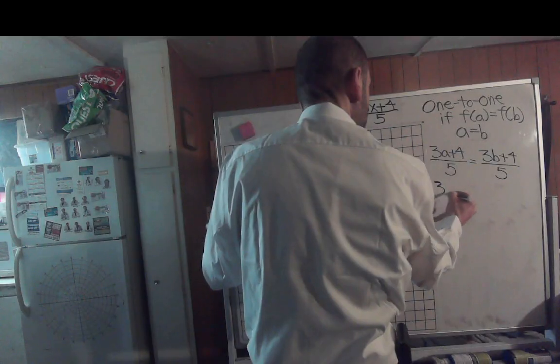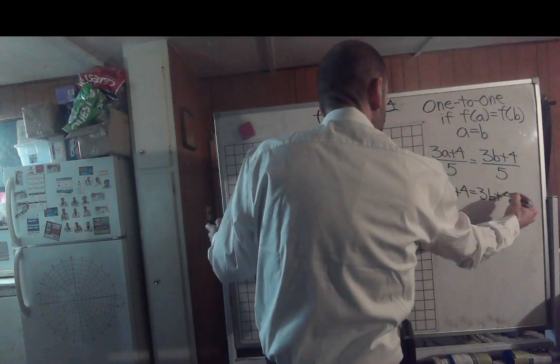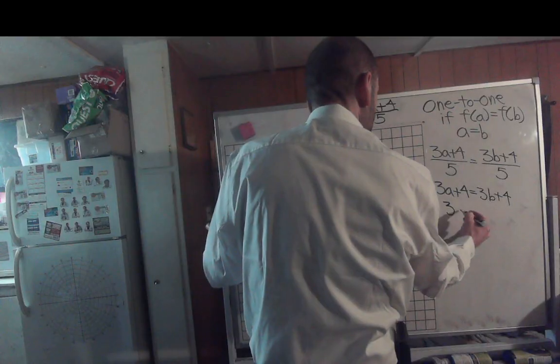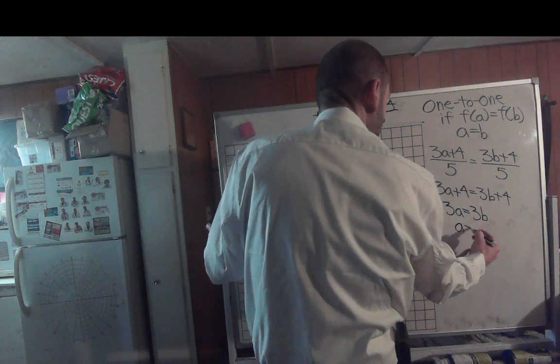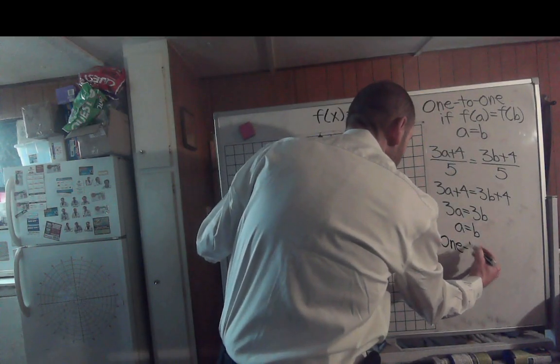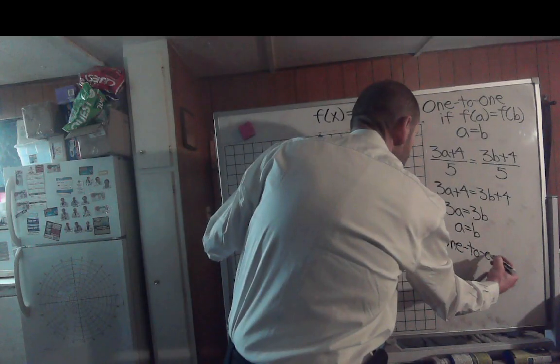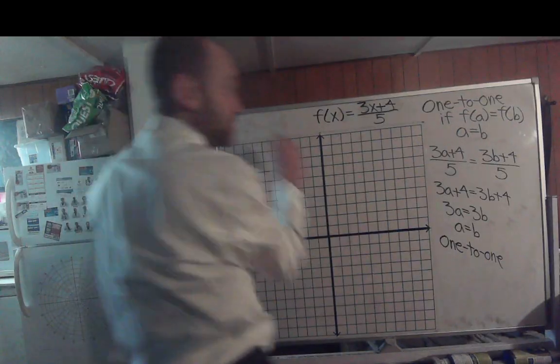Multiply both sides by 5, you get 3a plus 4 equals 3b plus 4. Subtract 4 from both sides, you get 3a equals 3b. And then you get a equals b. Since a equals only b, this is a 1 to 1 function. So this function is 1 to 1 and therefore would have an inverse.